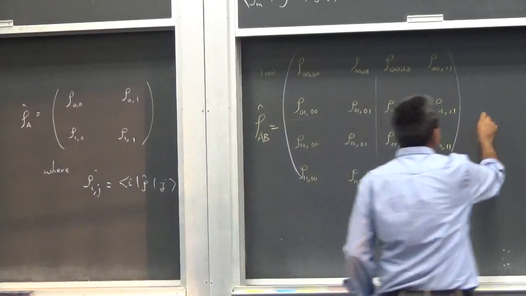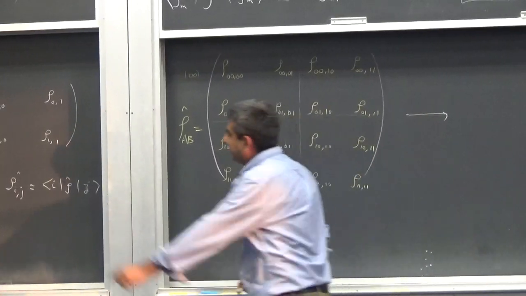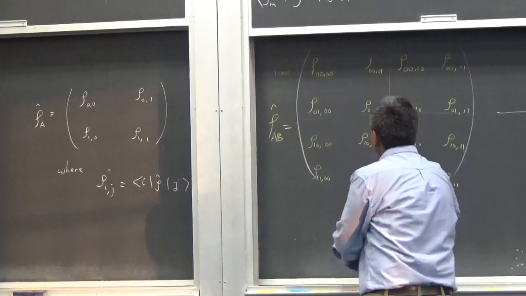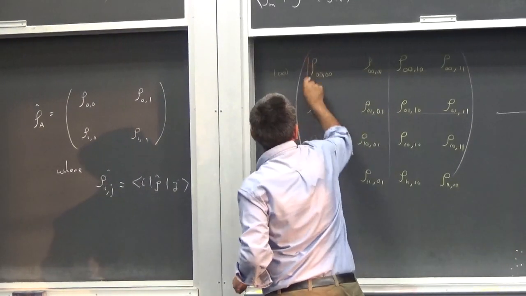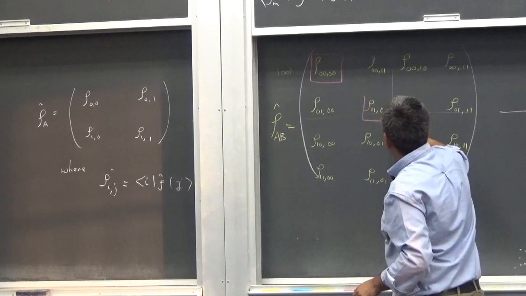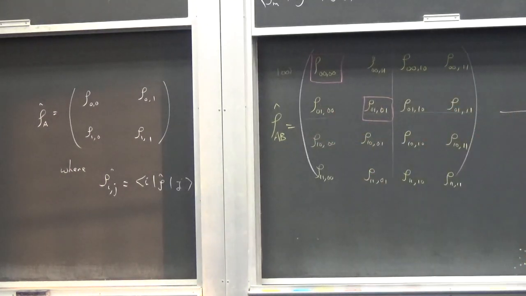So how do I get the first term? What terms do I need to add? I need to add row AB 0, 0, 0, 0 with row AB 0, 1, 0, 1. I need to add these terms together.